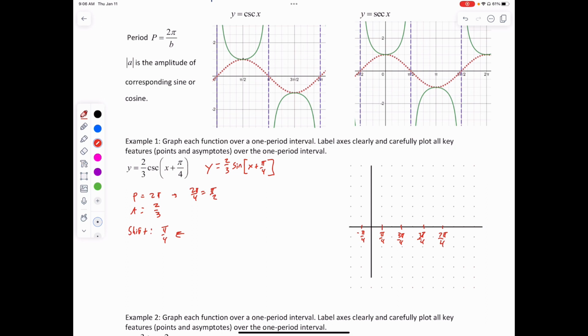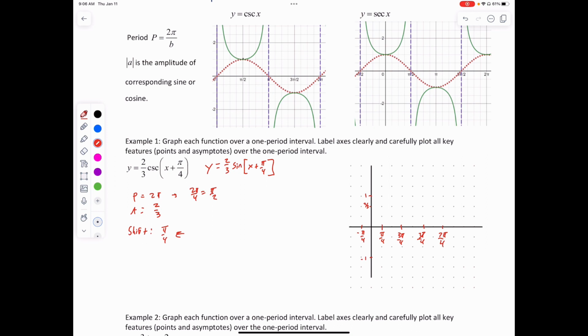So that takes care of my period and my shift. My amplitude is going to be 2/3. I guess I could put 1 and -1 here, which means this right here is where the 2/3 is going to be.